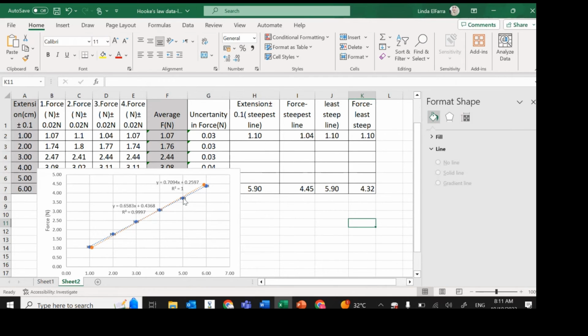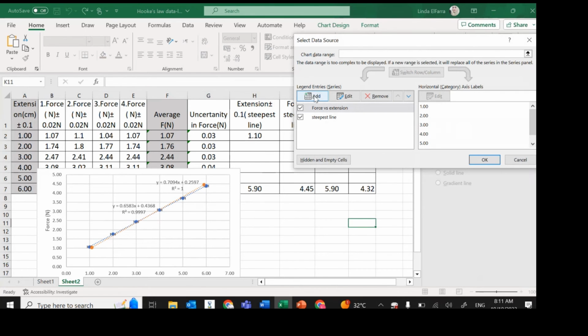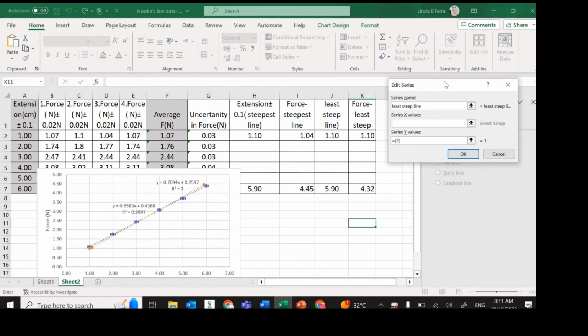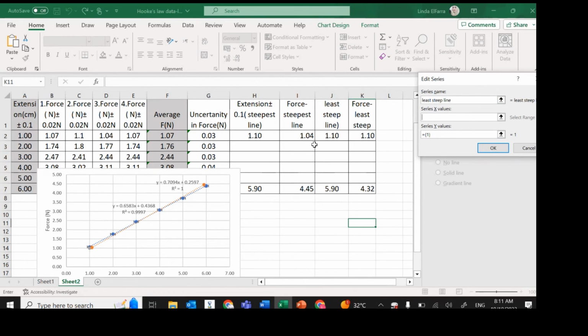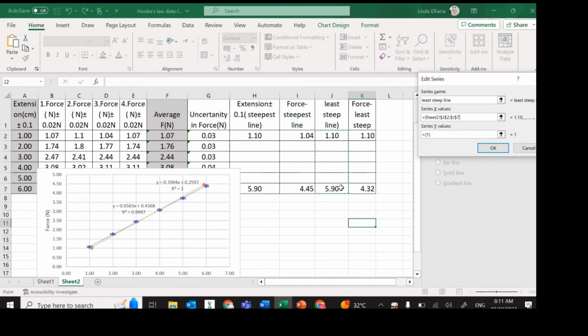So right click again, select data, add, and here I'm going to call it least steep line. X value for least steep line, it will be this one, this column. So I'll select this one.